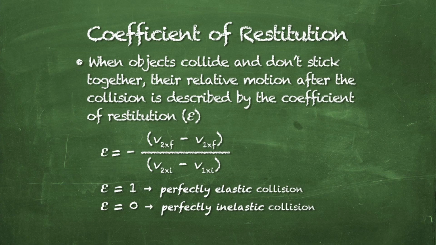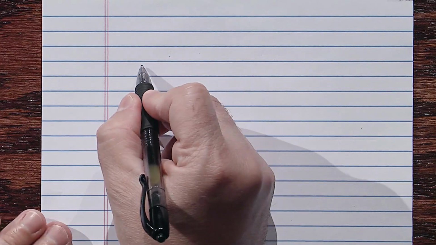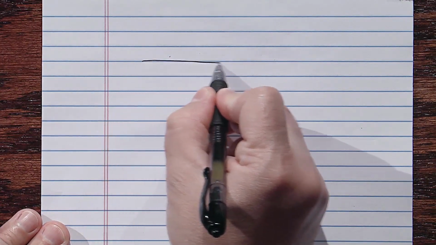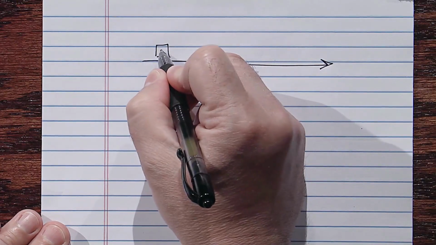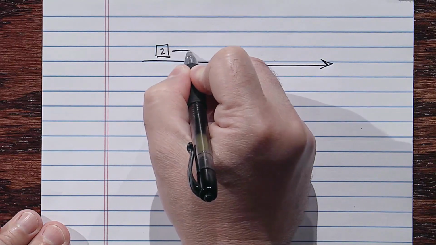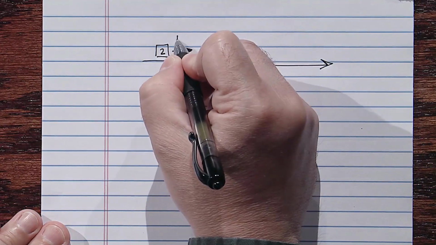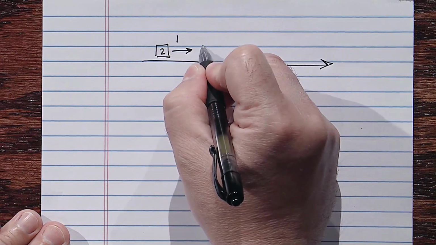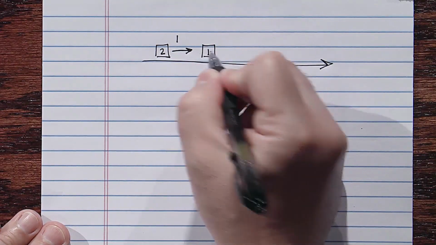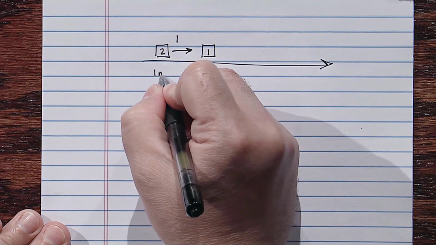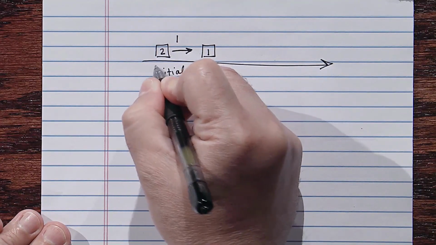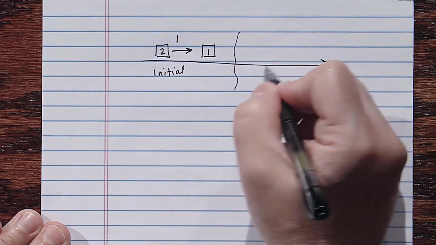So let me show you some examples of that. Let me do a perfectly elastic collision to begin with. Let me have my x direction. I have, let's say, a 2 kilogram mass moving at 1 meter per second that collides with a 1 kilogram mass at rest. That's our initial situation. And they collide.